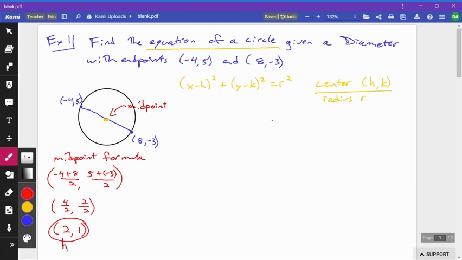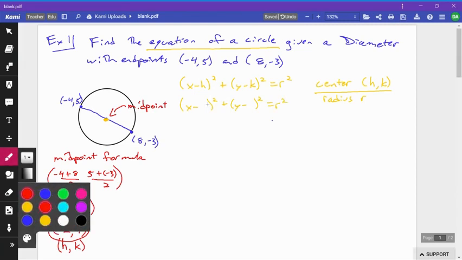So this is going to be h, and that is going to be k. So right now, I have this as my equation: (x - )^2 + (y - )^2 = r^2, and I have the center (2, 1).